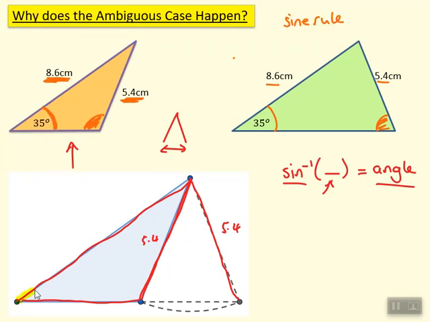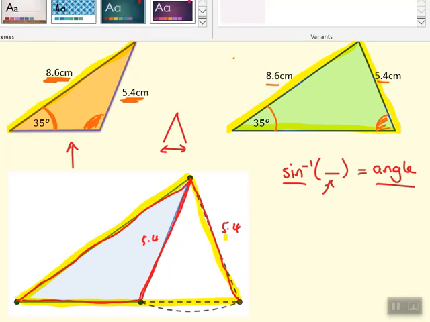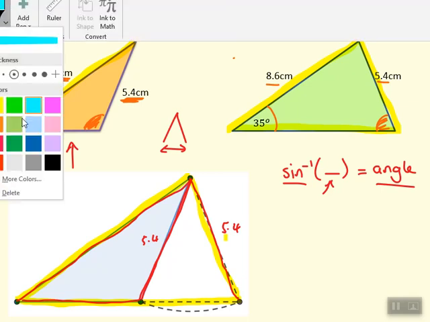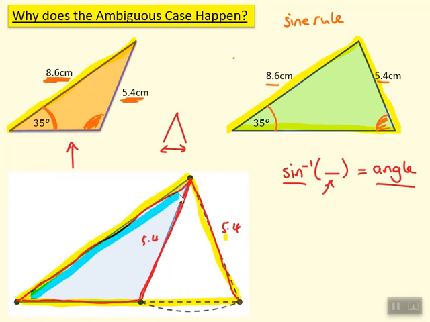The larger triangle, so that's this side, sorry, which is the 8.6. Then if I go down here, which is 5.4, and then all the way across to that bottom point, that's this triangle here. Look, 8.6 and 5.4, and then that bottom side, okay? So let me do it in a different coloured one. So this triangle here, this one, is this one. But the outer triangle is the one on the right.